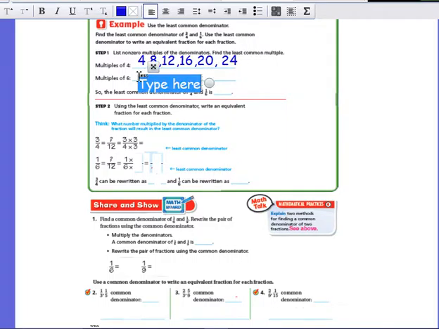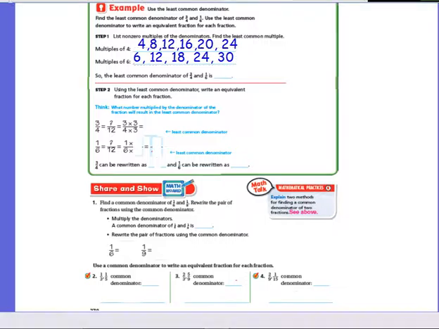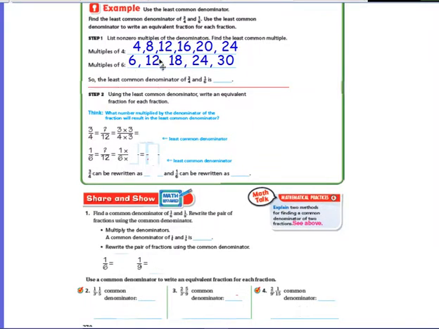For 6, I got 6, 12, 18, 24, 30. Now if I stop and look, which number is my least common multiple that they both have in common? I see I have a 12 here and I have a 12 here. So the least common denominator of 3/4 and 1/6 is 12.